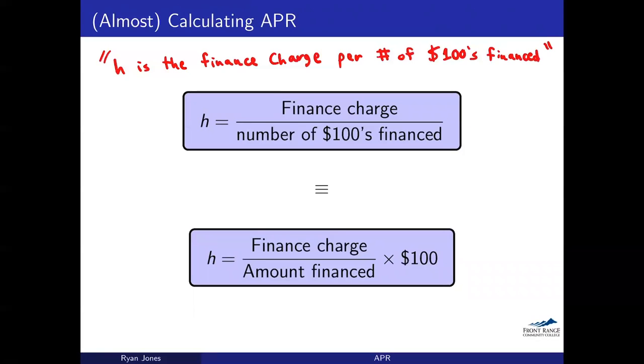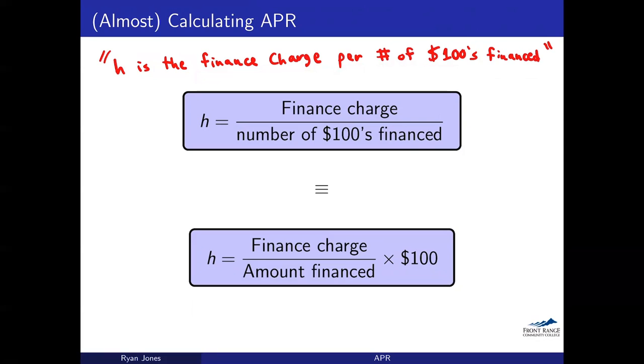So if I say that H is the finance charge per number of 100s financed, what I'm doing is taking the finance charge, and when I see per, that means division. So I'm going to divide the finance charge by the number of 100s that I finance. And basically this gives us a ratio of our interest, which is just the finance charge.